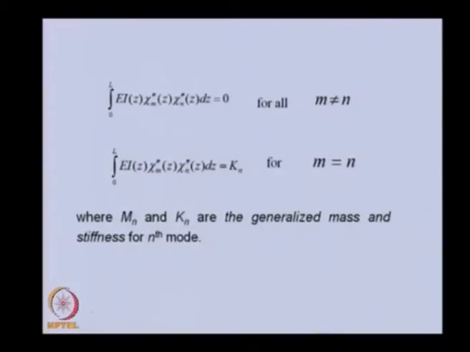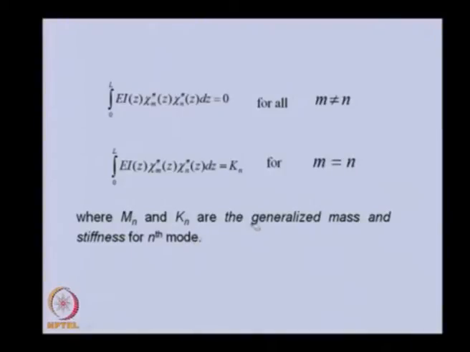Similarly, for the orthogonality condition with the double derivative of the eigenfunction, when the subscripts m and n are different, this will be 0, but if they are the same, then it is some other constant, that is kn. We define these mn and kn as the generalized mass and generalized stiffness for the nth mode.